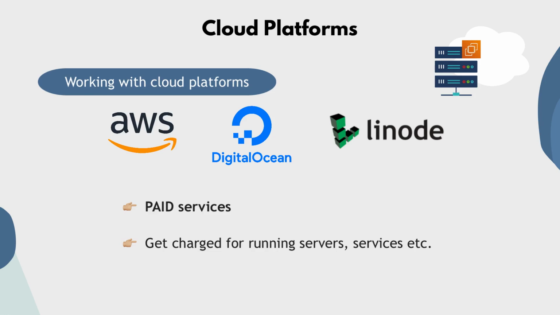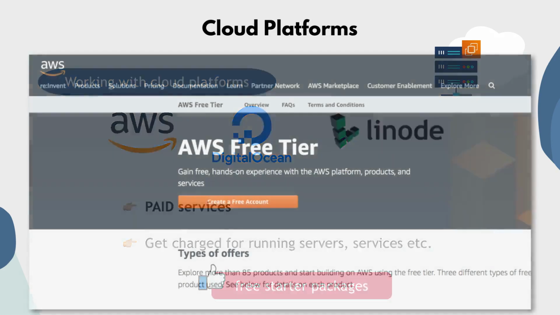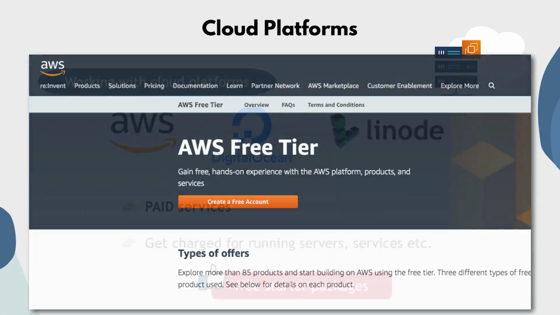If you're a new user on those cloud platforms, you usually get a free startup package. For example, on DigitalOcean and Linode, you get $100 credit to use up for 60 days. On AWS, you get a free tier that allows you to use one small server for free for a year.